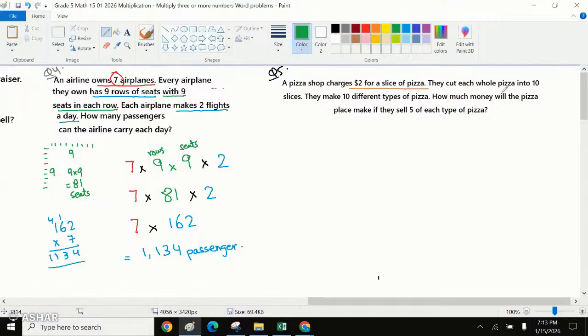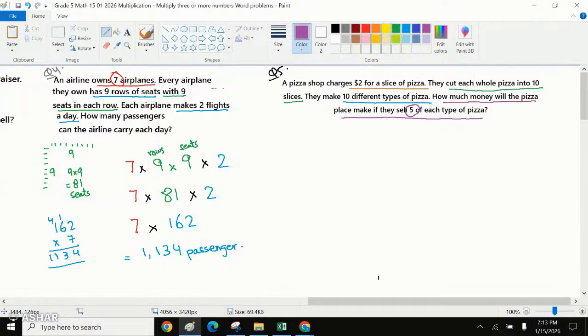They cut whole pizza into 10 slices. One pizza into 10 slices. They make 10 different types of pizzas, right? How much money will they make? How much money will they make if they sell 5 of each type, right?